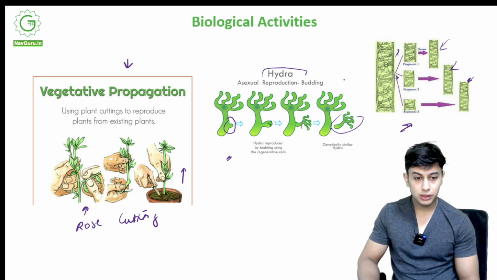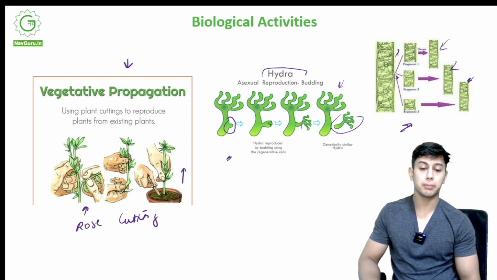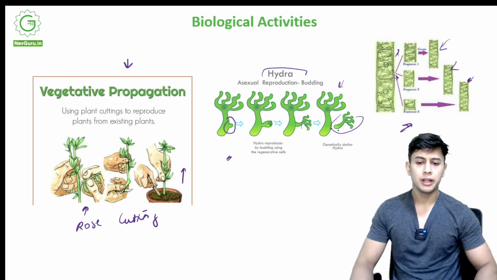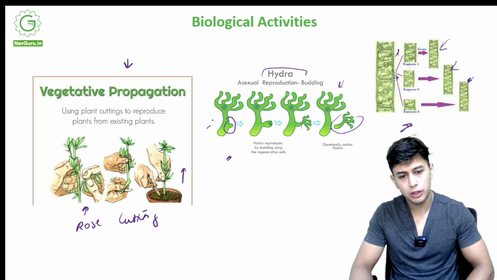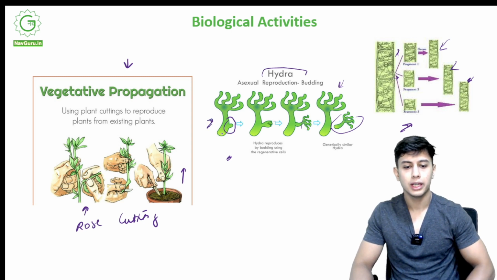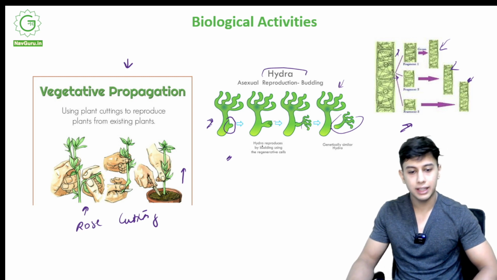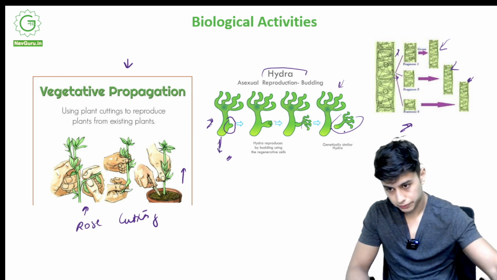So from this one hydra I got another hydra, but in this there is no genetic variation. 99% it will be similar to the parent. No one is giving their characteristics other than only one organism. Thus, there will be no genetic variation.